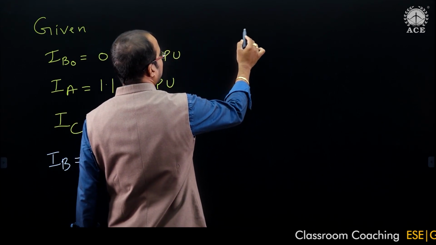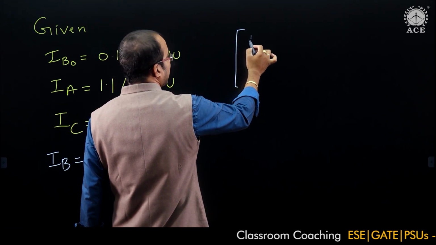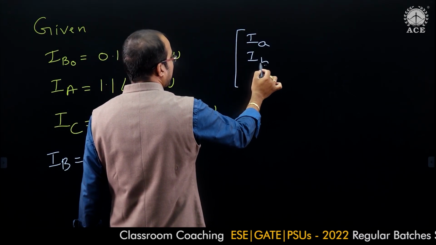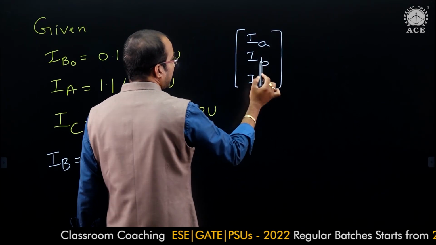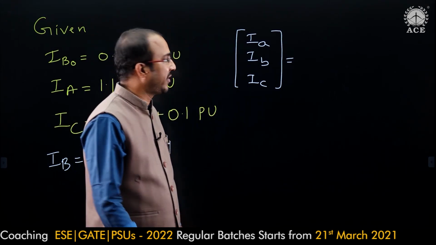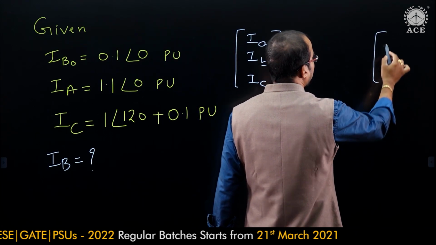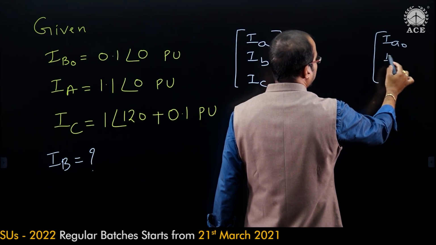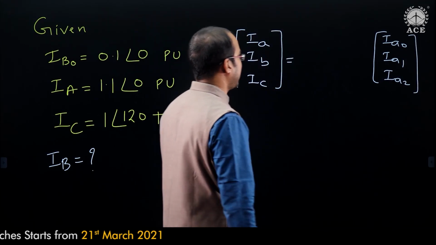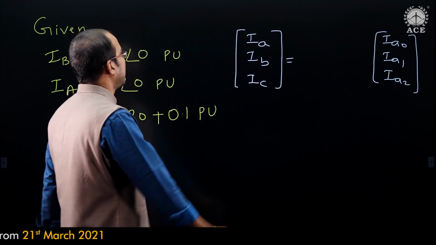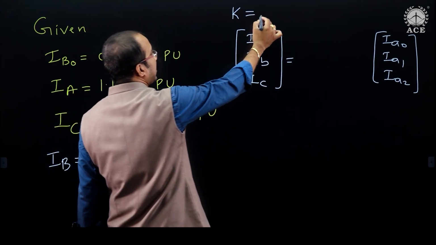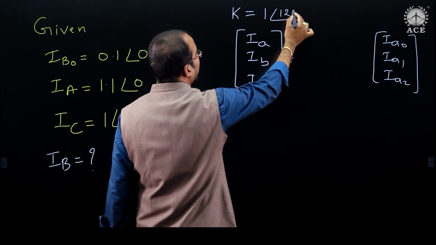By using that concept, we can express the three phase currents IA, IB, IC in terms of the positive, negative and zero sequence components of phase A: IA naught, IA1 and IA2, using an operator known as K. K has unit magnitude and a phase of 120 degrees.